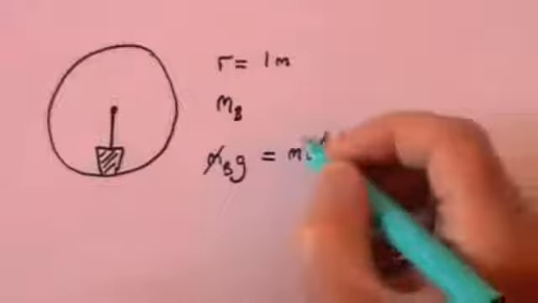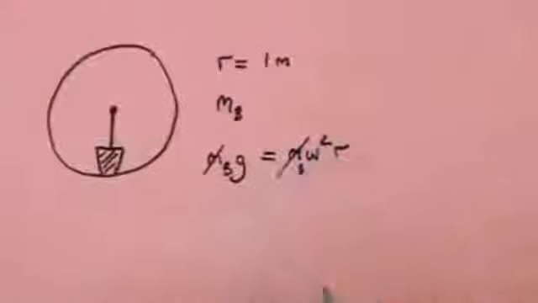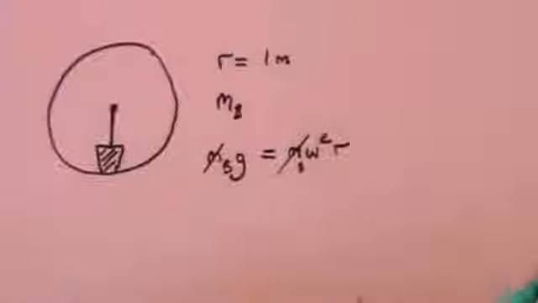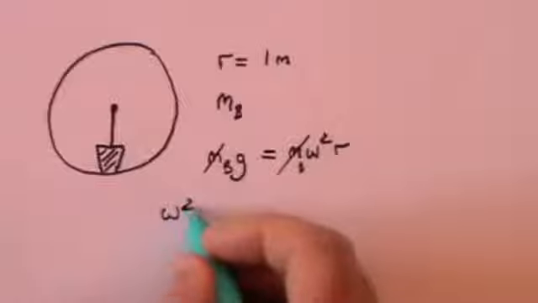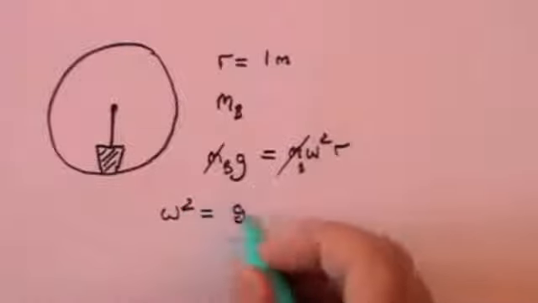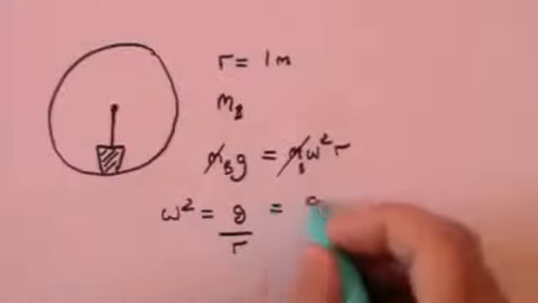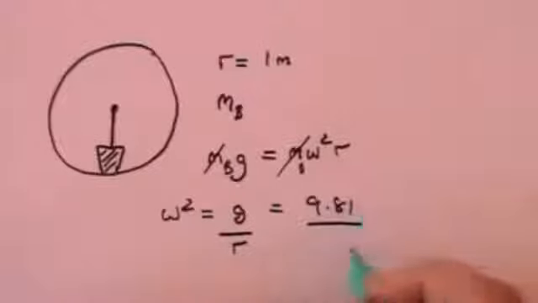Now the masses, of course, cancel, so we don't need to worry what the mass is. It doesn't matter how much the bucket may have as a mass, because it will always get the same answer, and that gets you that omega squared is equal to g divided by r, which is 9.81, divided by the radius, which we've told was 1 meter, so that's easy.